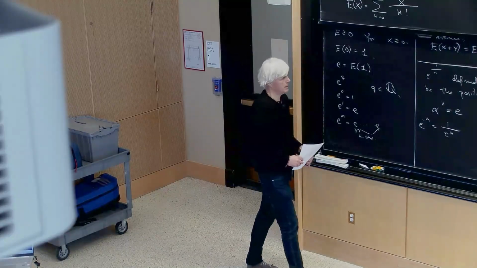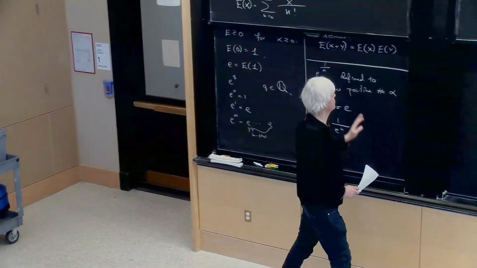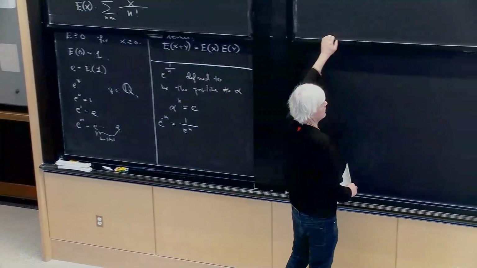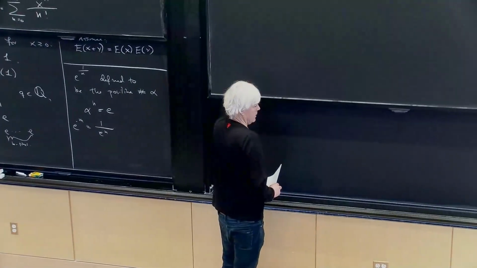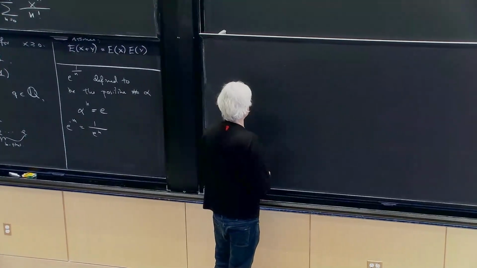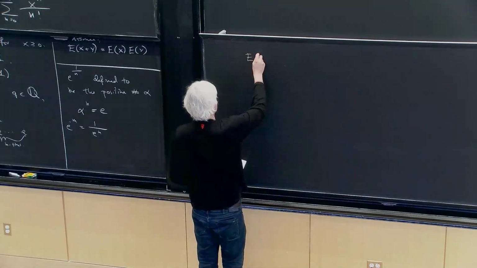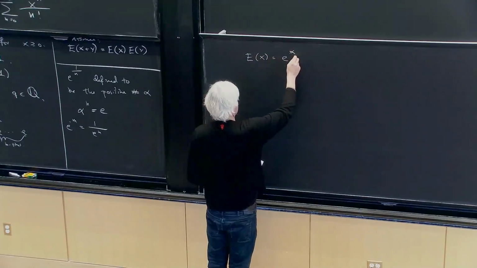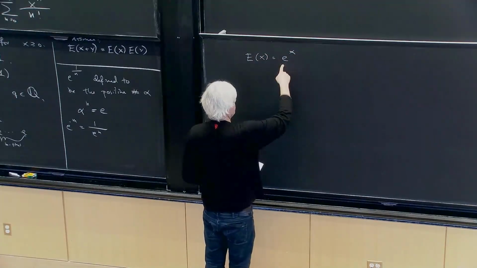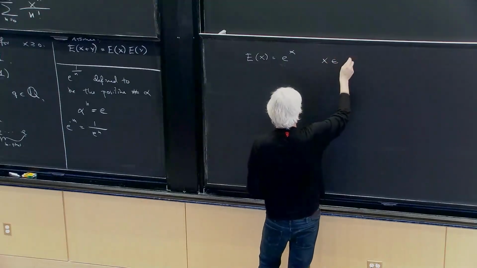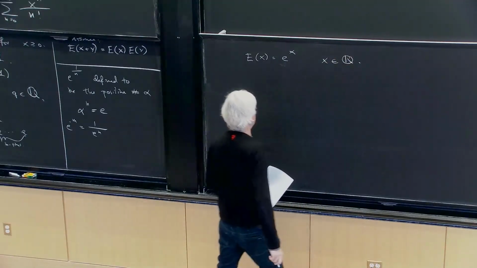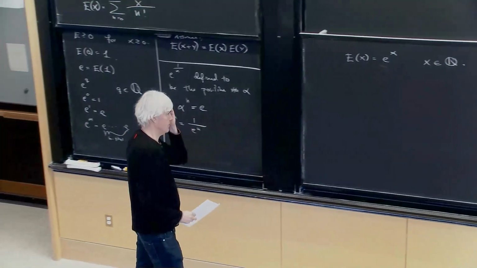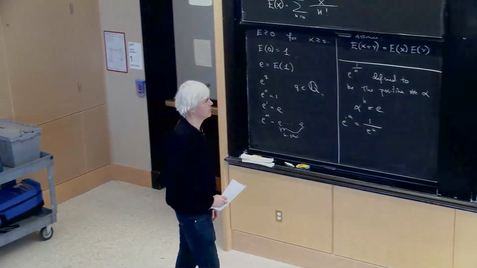Right? And then we assumed this here. We saw that these two functions, E of x is equal to e to the x. This function here is only defined on rational numbers, so they're equal at rational numbers. So we saw that.